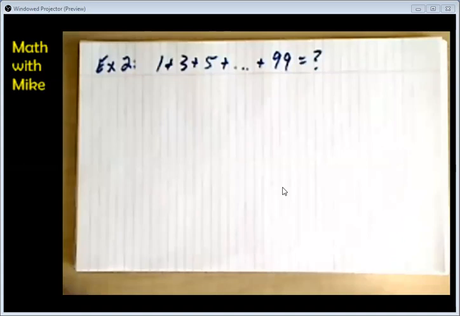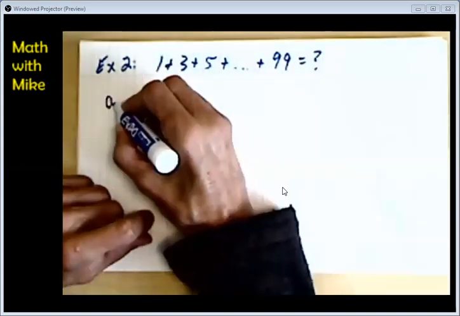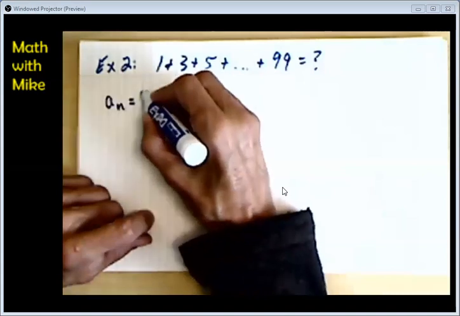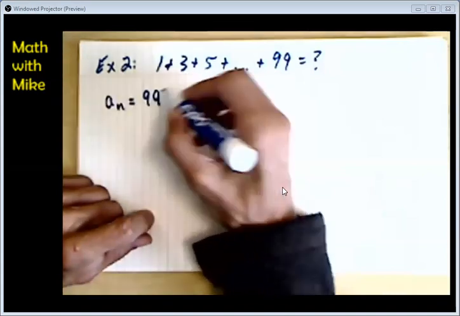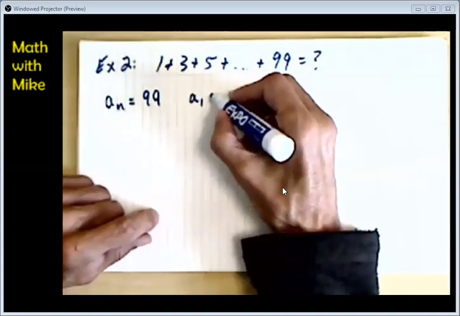Yep, we have the last term. AN is 99. A1 is 1, yep.